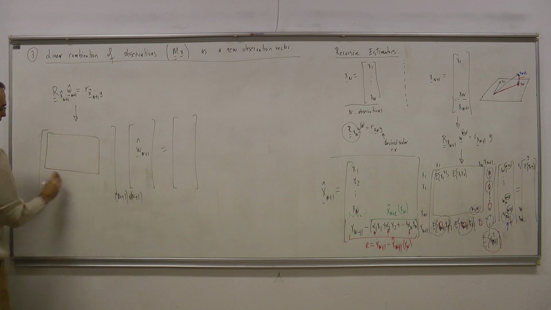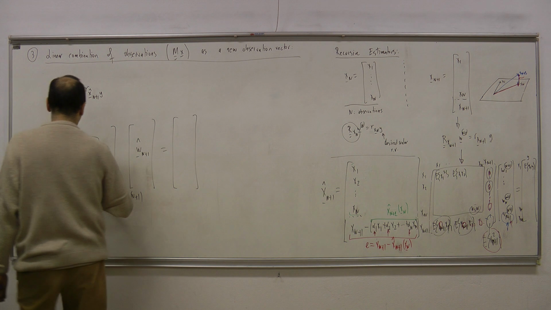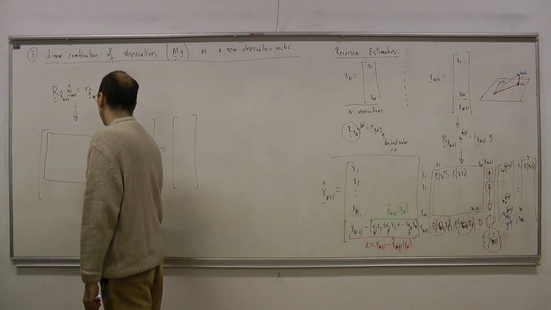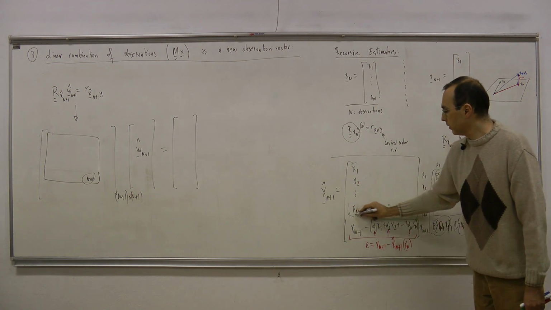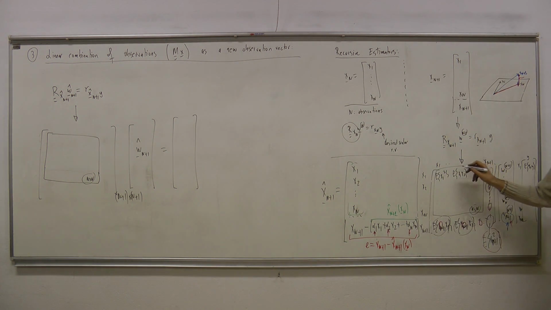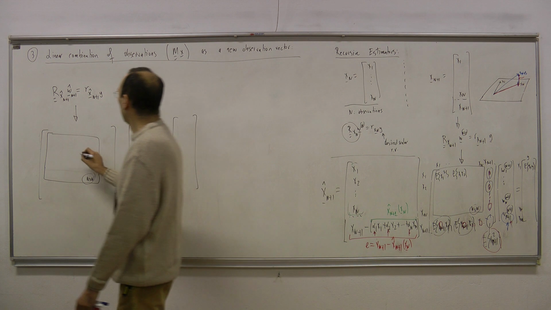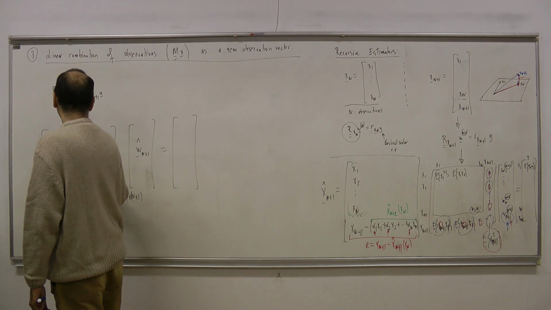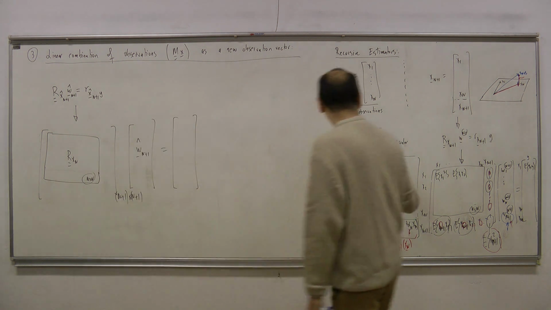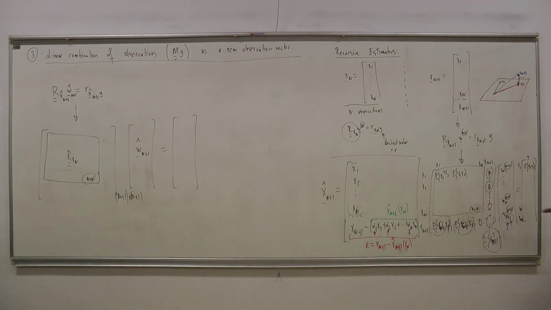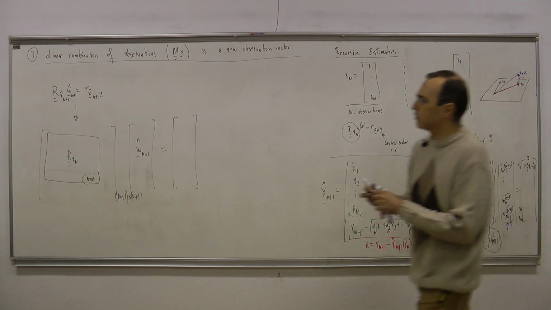So again, let me make this a square as much as I can. This n by n part, there are no changes over here, is this matrix. Okay? So this is R_{x_n}. That part is R_{x_n}. This is this matrix. So the other parts.